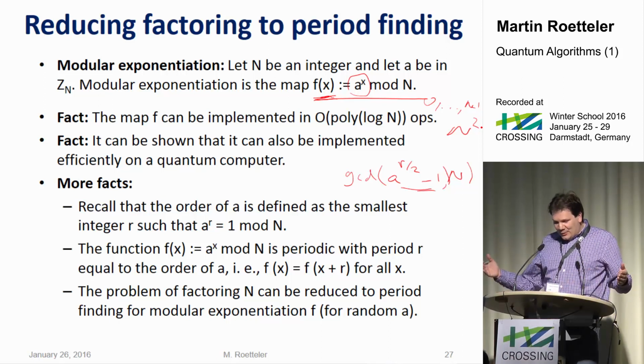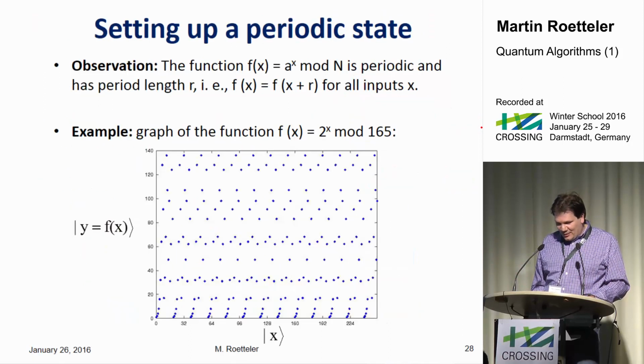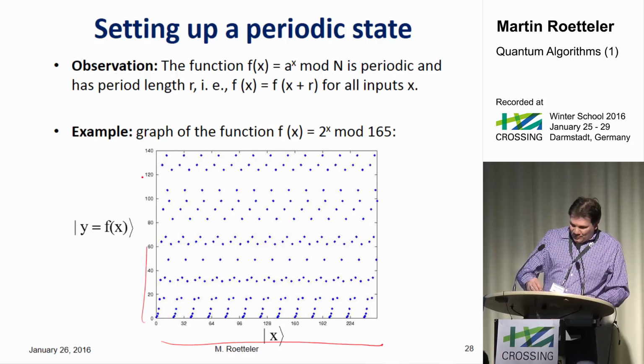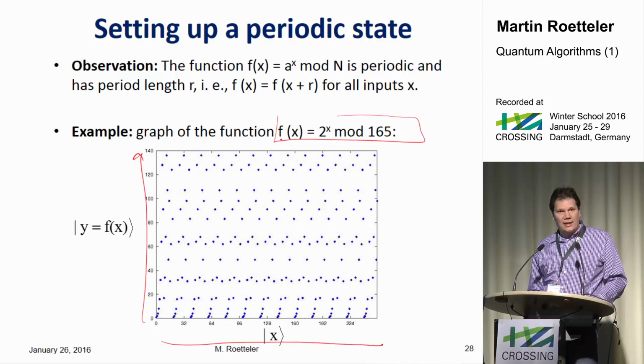And then you get a state which is supported on all inputs and all outputs, okay? And it has a certain periodic property. So you can visualize it maybe like this. Here are all the inputs to the exponentiation map. Here are all the outputs, and you compute the map that takes x to 2^x. Say in that case, 2 would be a primitive root.